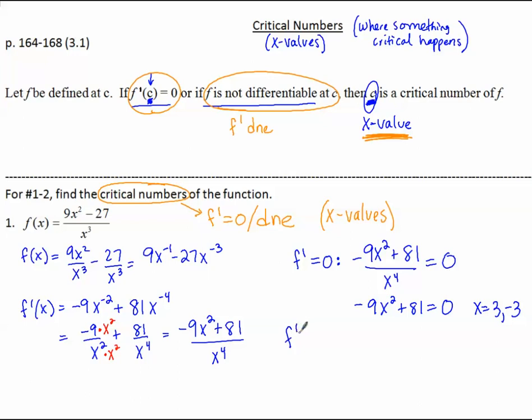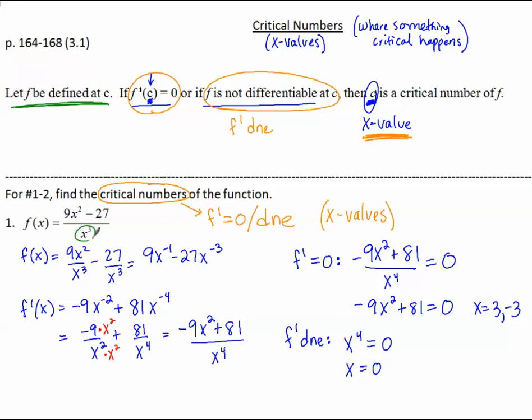Now I want to figure out where f prime does not exist, and if I have a quotient, that's where the denominator equals 0. So x to the 4th equals 0, and that's where x equals 0. But remember, an important part of the critical numbers is f has to be defined at c. Is f defined at x equals 0?